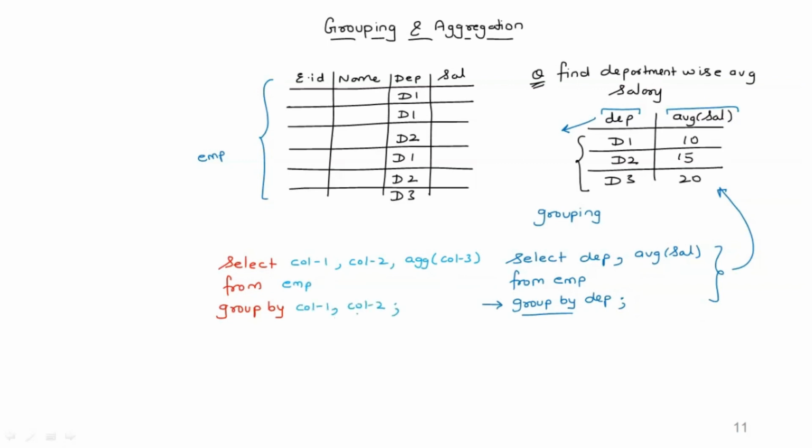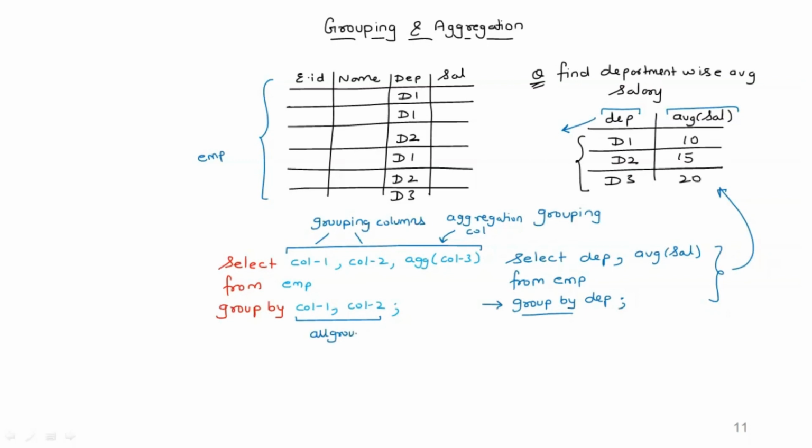Now why have I used column 1 and column 2? Because in your select statement you will have two kinds of columns, one on which you are performing the grouping. So these are your grouping columns. This one is the column on which we are performing the aggregation. So this is my aggregation column, and all the grouping columns need to be declared over here.